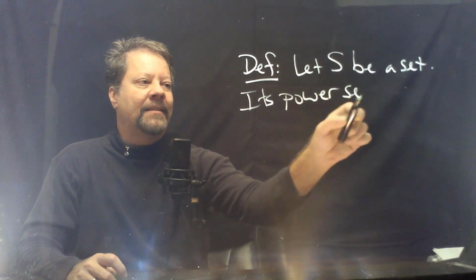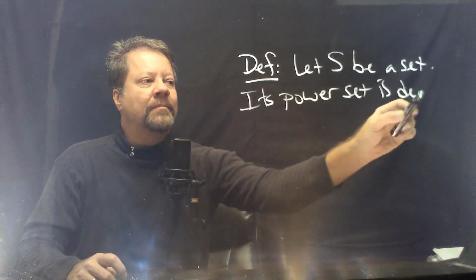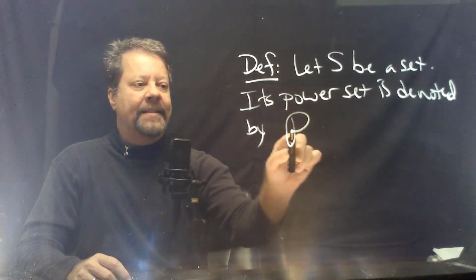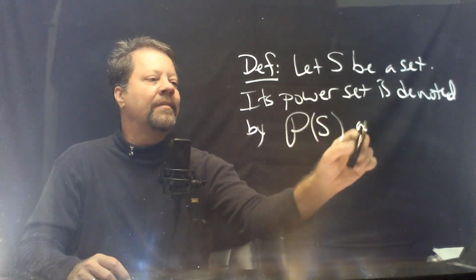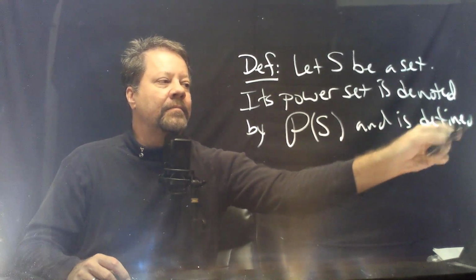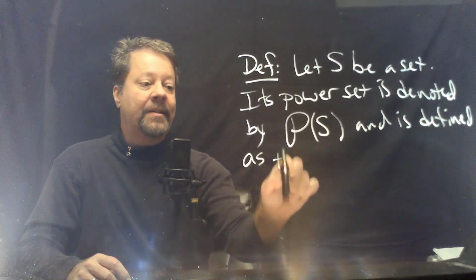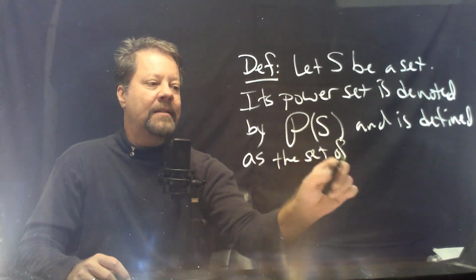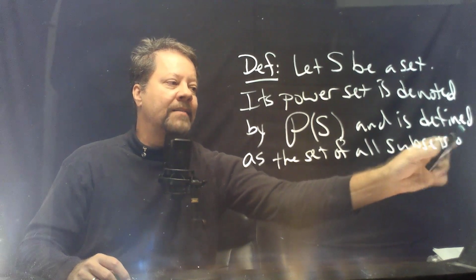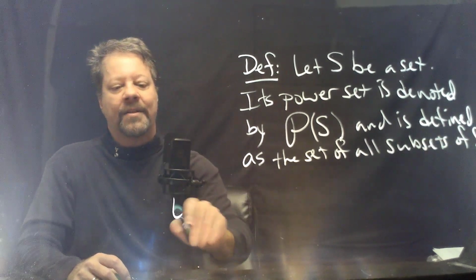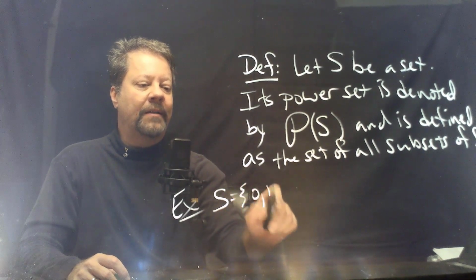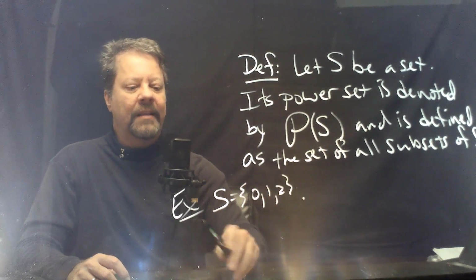Its power set is denoted by a fancy P of S and is defined as the set of all subsets of S.